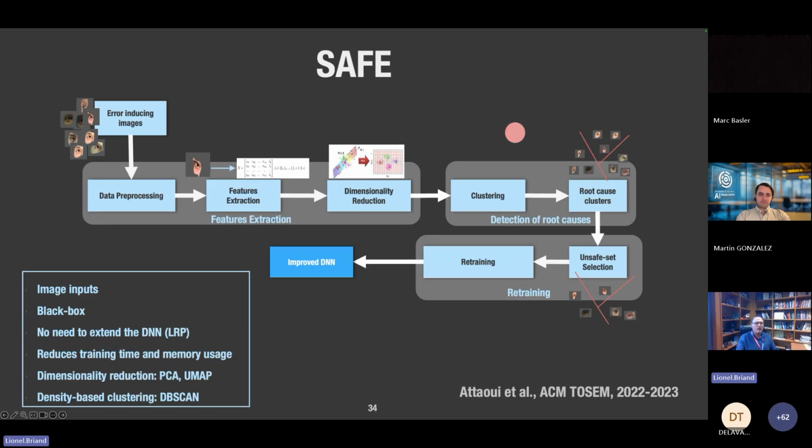And actually, we tested this, as I will mention next. And then once we have those clusters, using smart sampling strategies, we can sample subsets of images for targeted retraining as well.